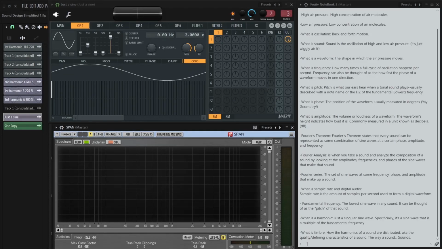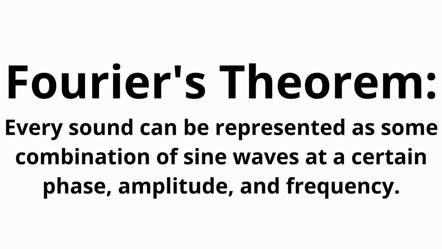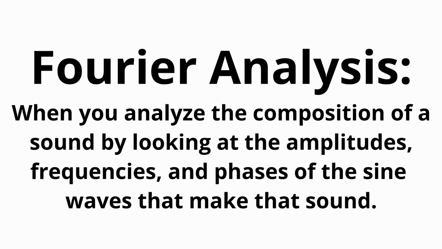Alright, so now let's get into extremely important concepts that serve as the basis for everything we do in sound design, which is basically the ideas behind Fourier's Theorem and the Harmonic Series. So first, Fourier's theorem states that every sound can be represented as some combination of sine waves at a certain phase, amplitude, and frequency. Next, we have Fourier analysis.